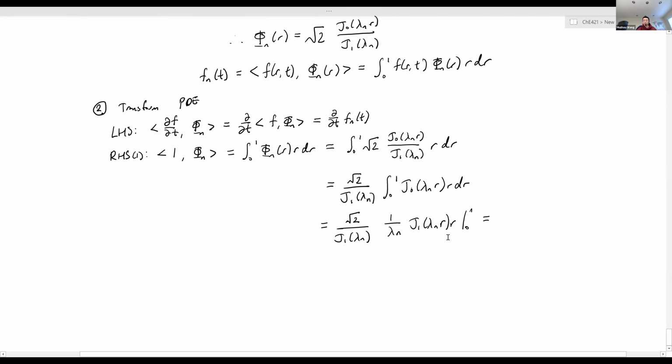When r is equal to 1, then whatever's inside here gives me 1 over lambda n times j1 of lambda n. That j1 of lambda n cancels with this j1 of lambda n, and so you get something fairly simple. It's just square root of 2 over lambda n.